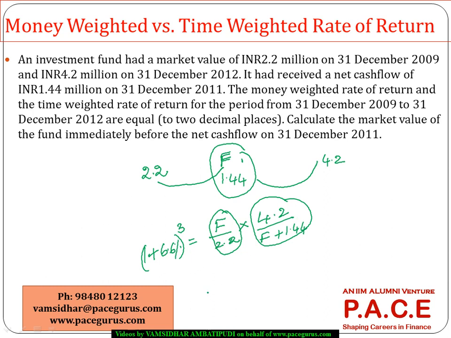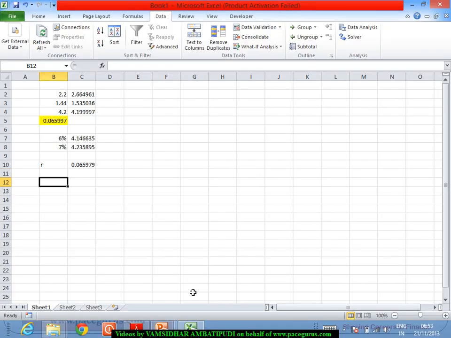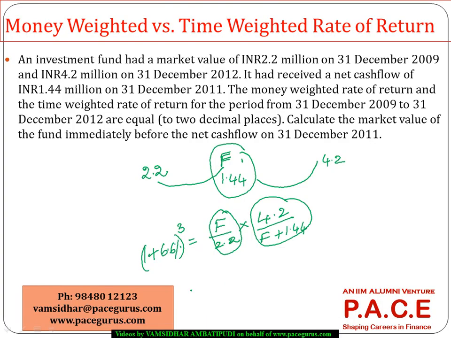So what is this 1.066 whole cube? 1.066 whole cube is around 1.211. That is equal to F by 2.2 into 4.2 by F plus 1.44.